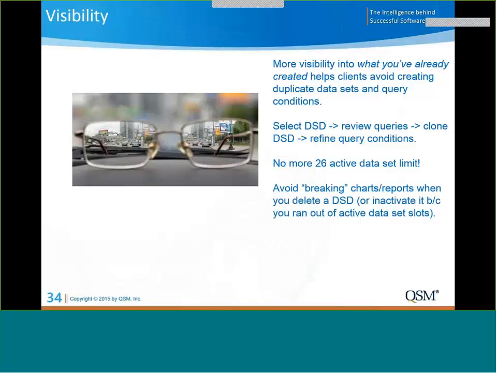There was previously the 26 active data set limit, and so that's gone. You can have more than that now. And before, if you were to remove a data set, you would not even know if you were breaking some charts and reports. And so now, by seeing where those data set definitions are being used, you can keep the integrity of those views and what's on them.